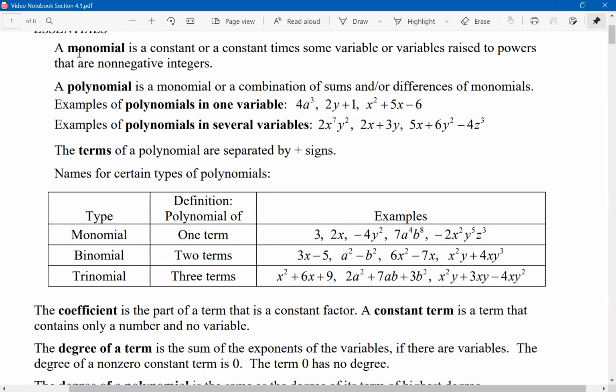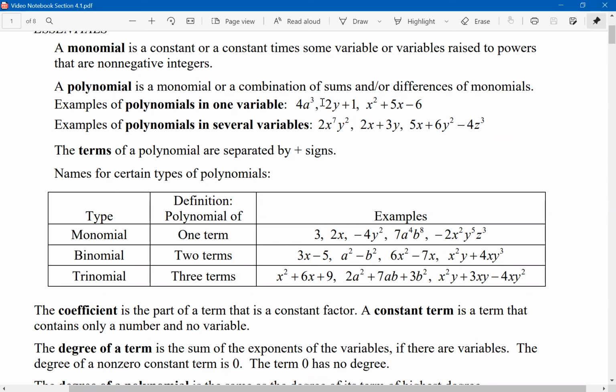It does include monomials or binomials, trinomials, etc. So it's really sort of this broad concept that includes expressions that have one term, 2 terms, 3 terms, or more than that. So here's some examples. Polynomials in one variable, 4a to the third, 2y plus 1, x squared plus 5x minus 6. Those are all examples of polynomials. The first one is a monomial with one term.